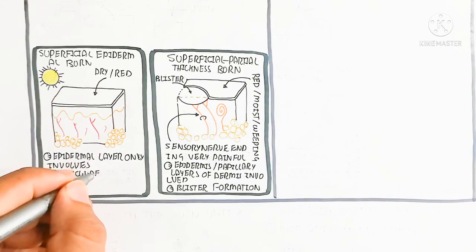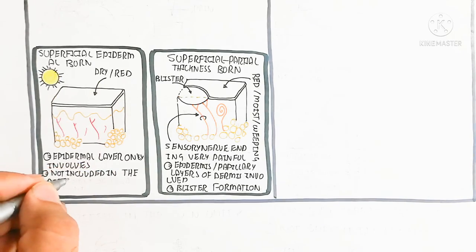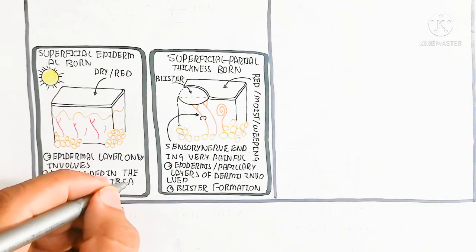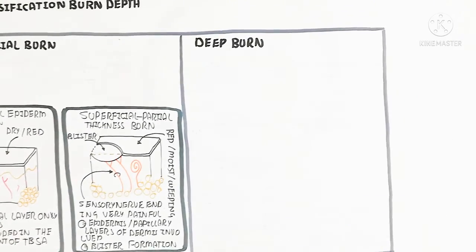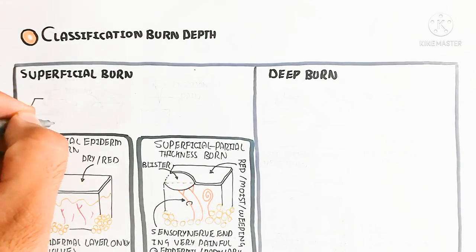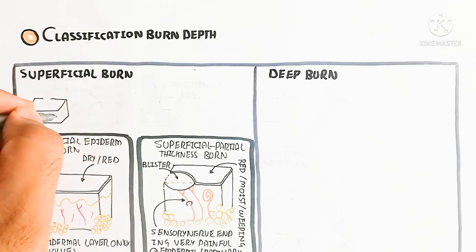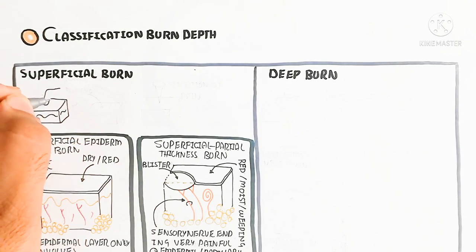The superficial epidermal burn is not included in the assessment of total body surface area burn, but the superficial partial thickness burn can be. So what does blanching mean?